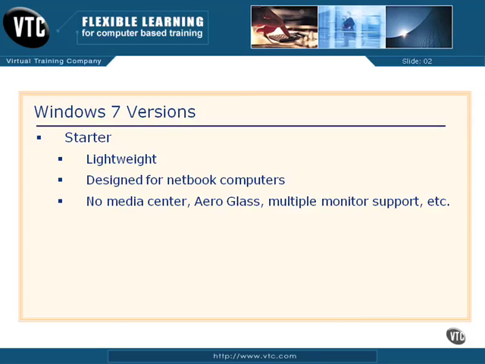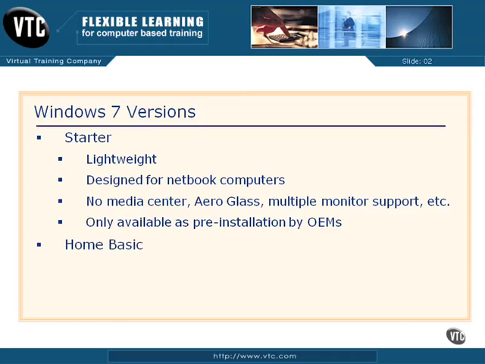Now the Starter version has no Media Center, no Aero glass effects for the transparency and glass effects and all that, no multiple monitor support, that kind of thing. Obviously this is a stripped down version. What's interesting is you can't go buy this. This is available only as a pre-installation by the original equipment manufacturers. So if you go buy a netbook with Windows 7, you're going to have this Starter version on there.